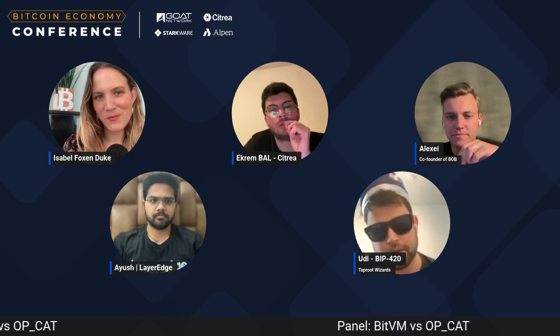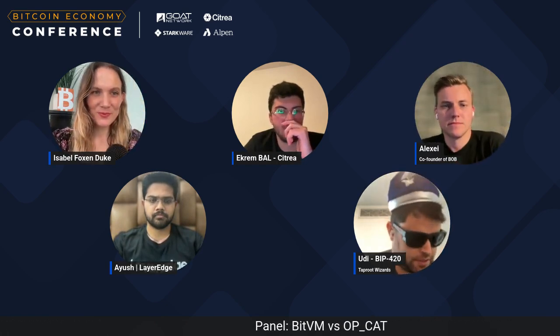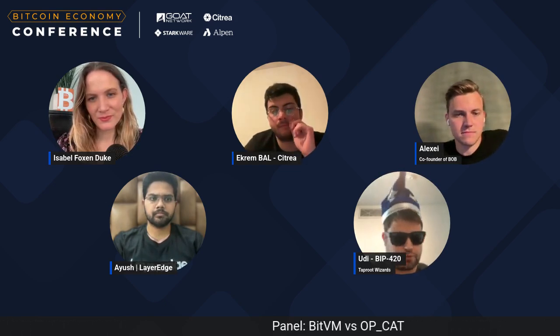So I'm a customer support intern at Taproot Wizards. We are one of the earliest ordinals collections, and also we were very much obsessed with OpCat. One of the reasons is CatVM, which is really a way to build simple programmable interface on top of OpCat for Bitcoin.